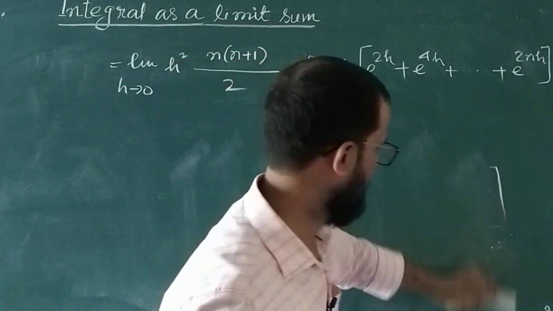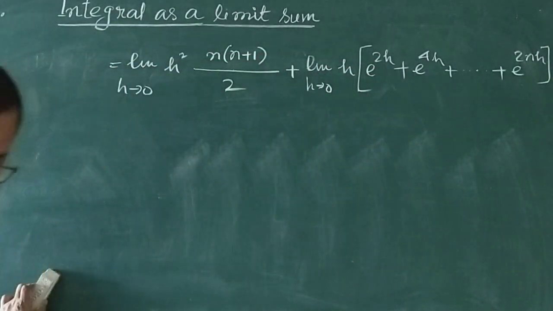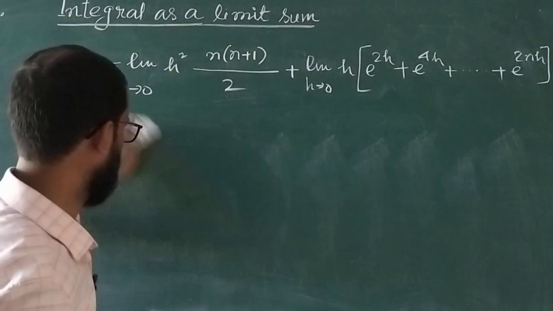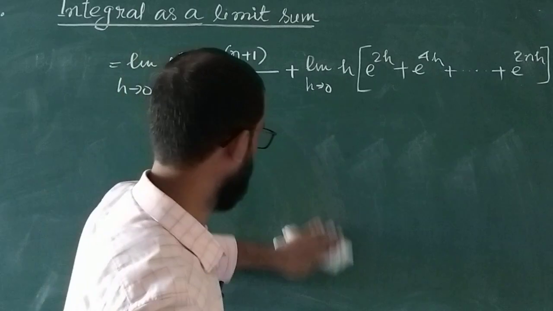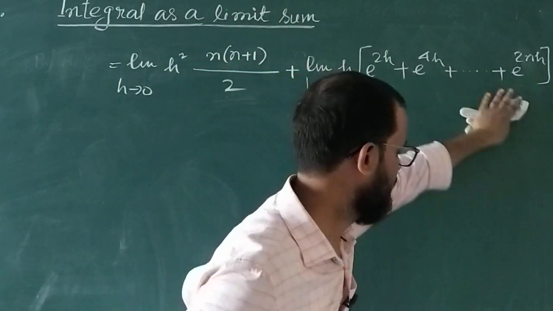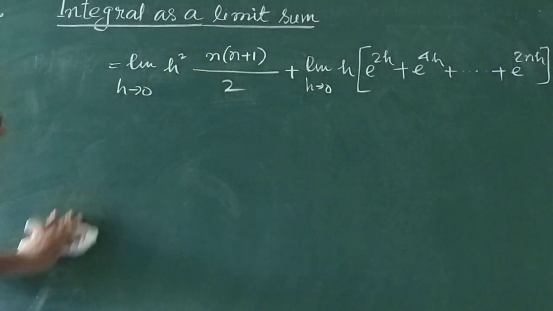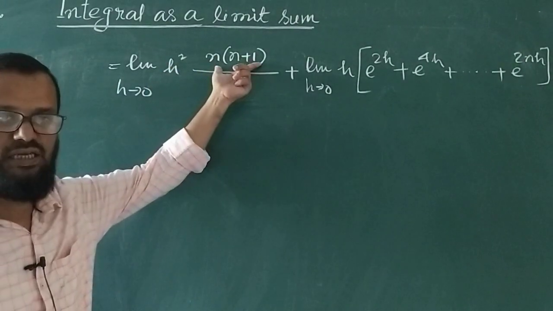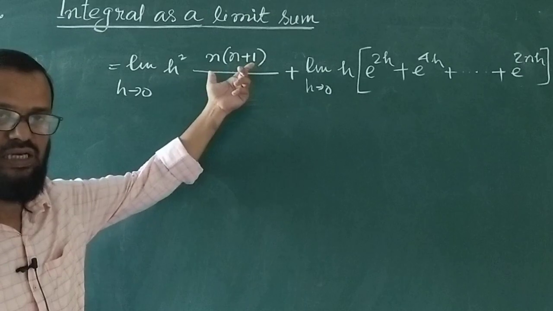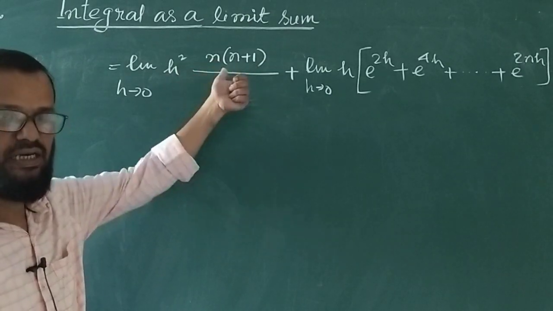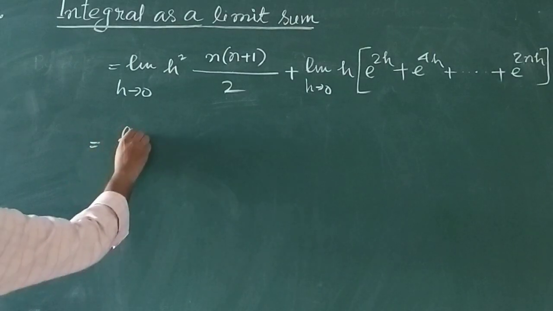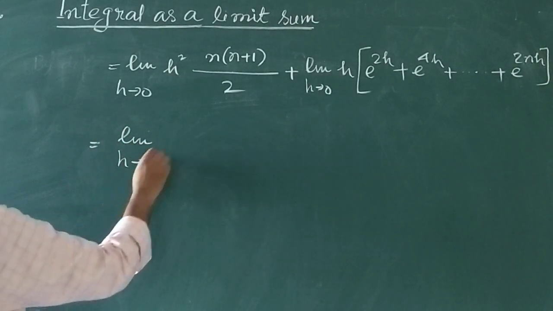And then, first result in the first summation, first term, what you will get in the first term? You see there are 2h, h into h, and there are how many factors? There are 2 factors. So that 2h will be multiplied separately with the 2 factors, and it becomes limit h tends to 0.